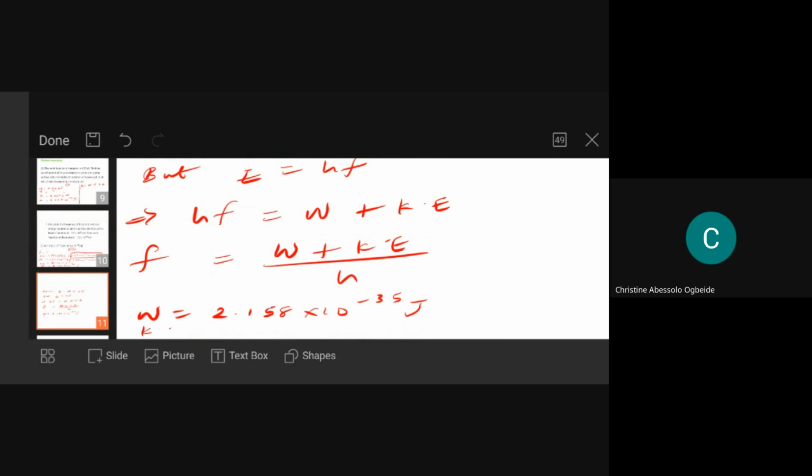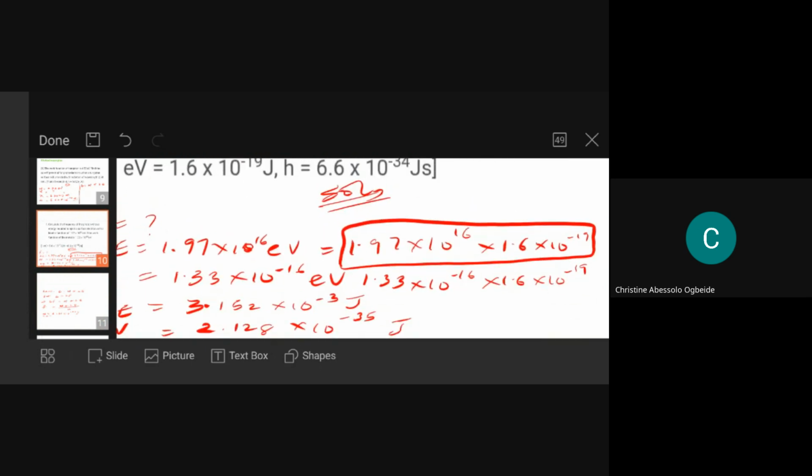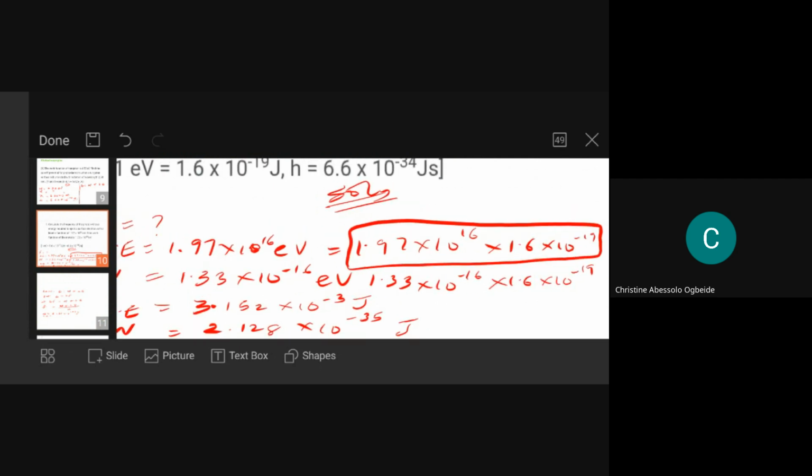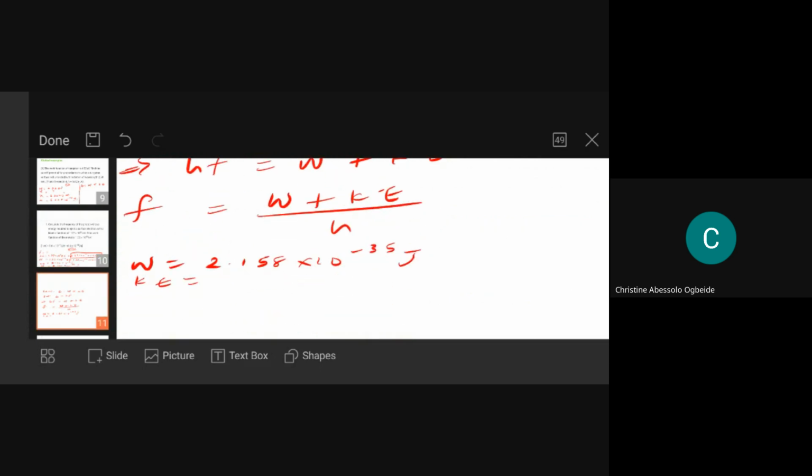And the kinetic energy from the other slide, we found 3.152 times 10 to the minus 3. And of course, you know your Planck's constant H is simply 6.6 times 10 to the minus 34 joule second. So this is in joules, this is in joule second.